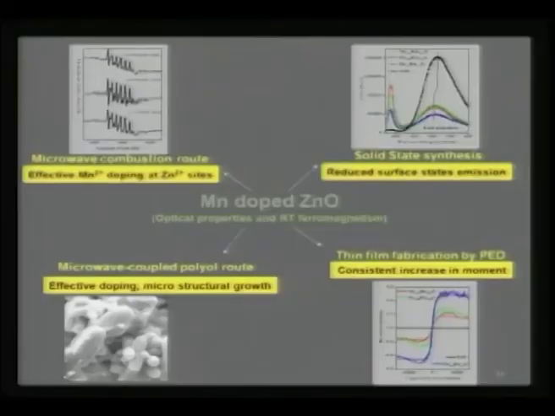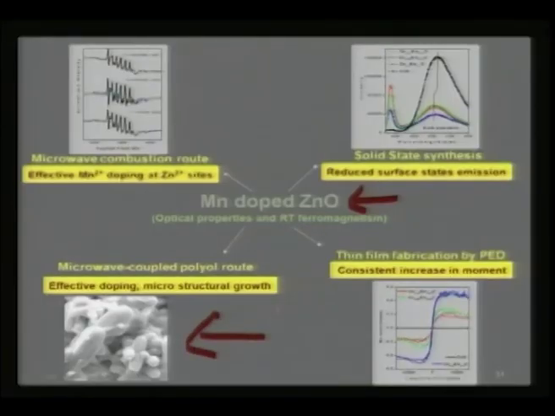So what do we take as lesson from here? Of all the techniques that we have adopted to prepare this manganese doped zinc oxide, the most favored one where we can be clearly sure that 2% or 4% is exactly getting substituted, we can go for the polyol route.